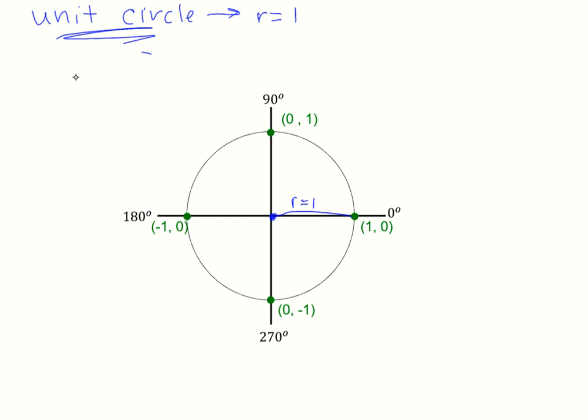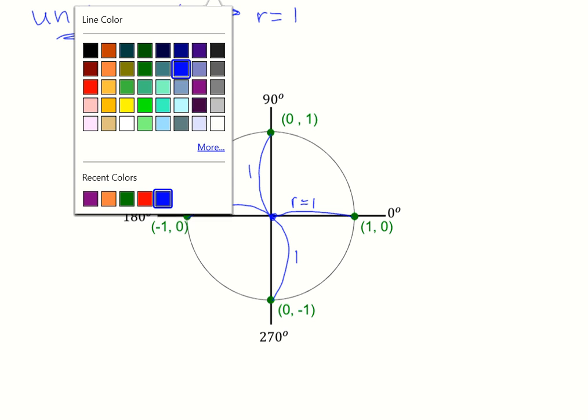That's what makes it very specific. So the distance from here to here is 1. Distance from here to here is 1. These are all radii, right? This is also 1.